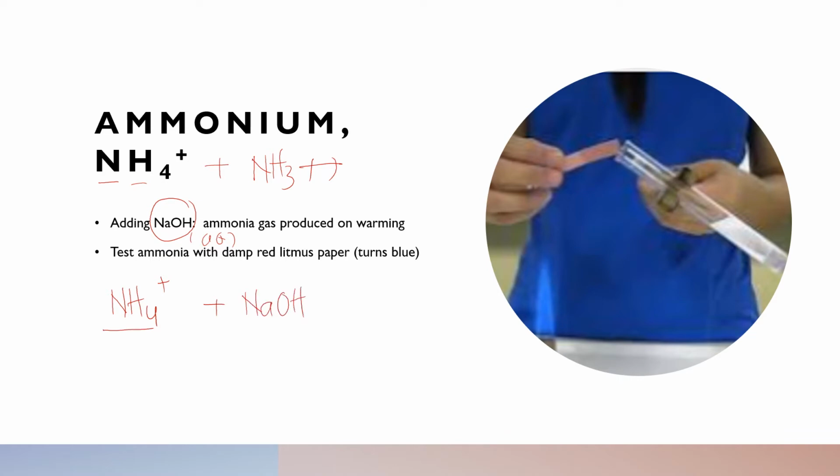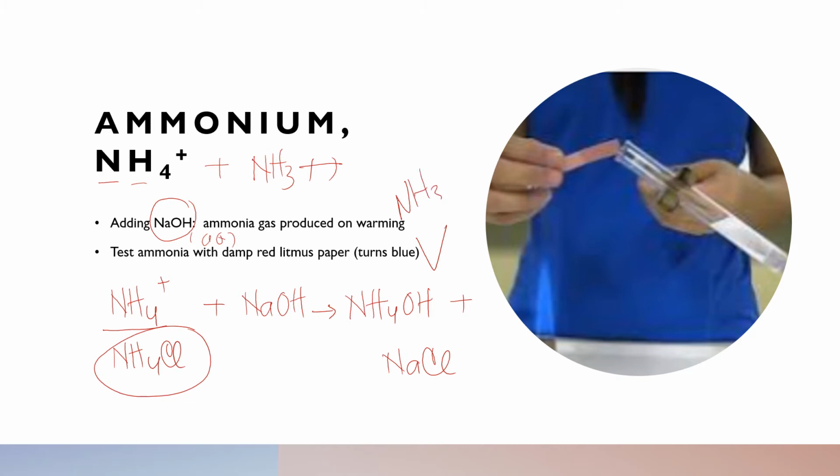For example, the NH4+ in the form of the salt NH4Cl. Then there is a reaction to form NH4OH plus NaCl, and the NH4OH decomposes into NH3 gas and H2O liquid.